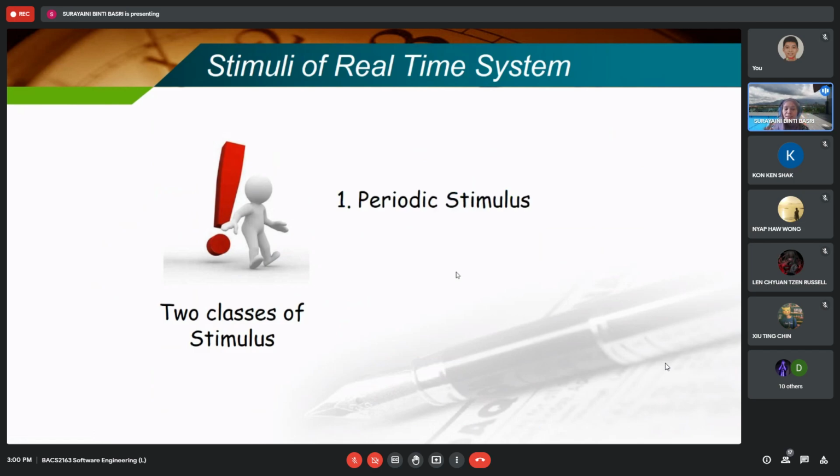When I say trigger, it is the stimulus, something or an external event that will trigger the system to give a response. There are two types of stimulus, which are the periodic stimulus and the aperiodic stimulus.